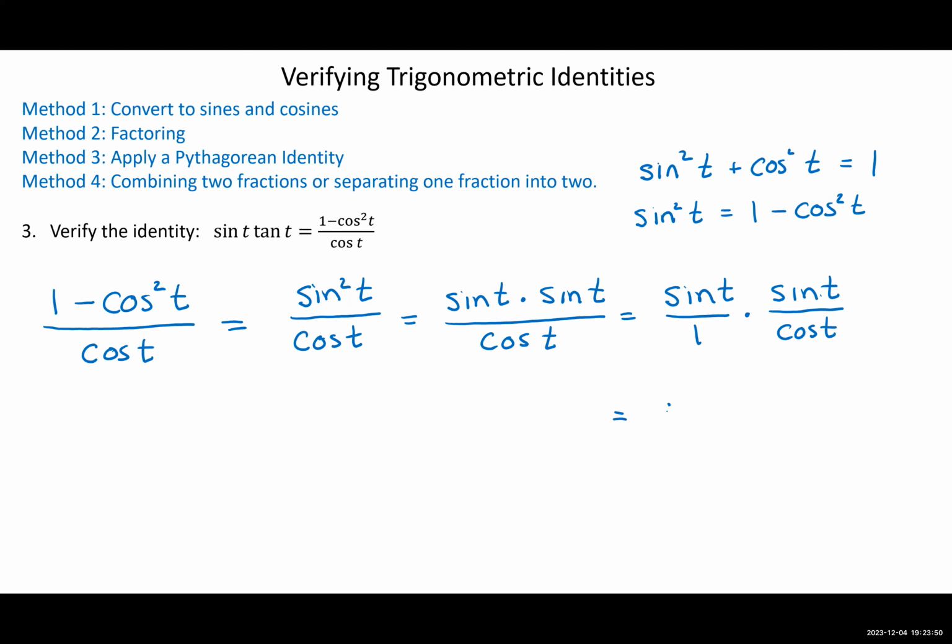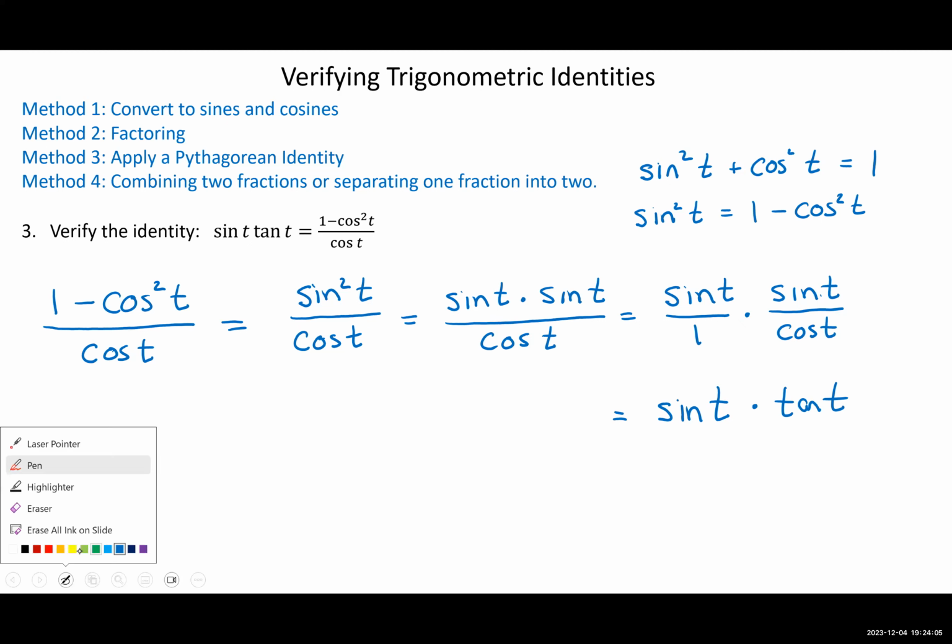Sine of t over 1 is the sine of t. The sine over the cosine, that's the tangent. So that's tangent of t. And that is exactly what we're looking for.